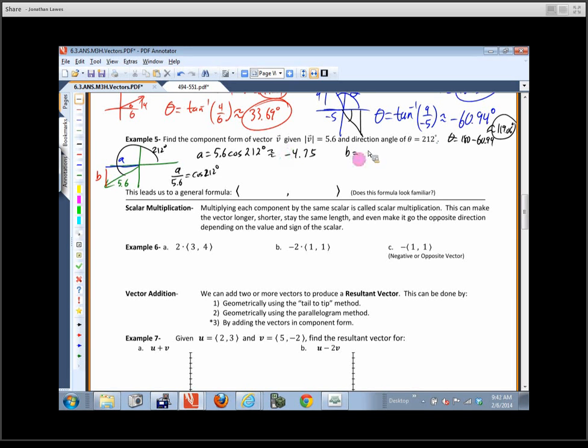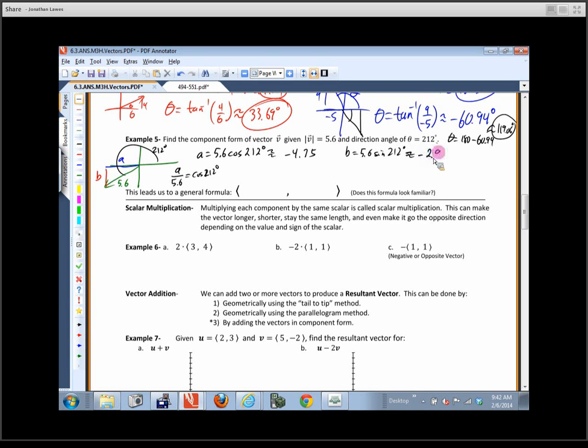And what would B be? It's going to be 5.6 times the sine of that direction angle, the sine of 212. Okay, and if you type that in your calculator, does it give you a negative? And is it very big, or should we expect something kind of small? Something kind of small. And what is it?